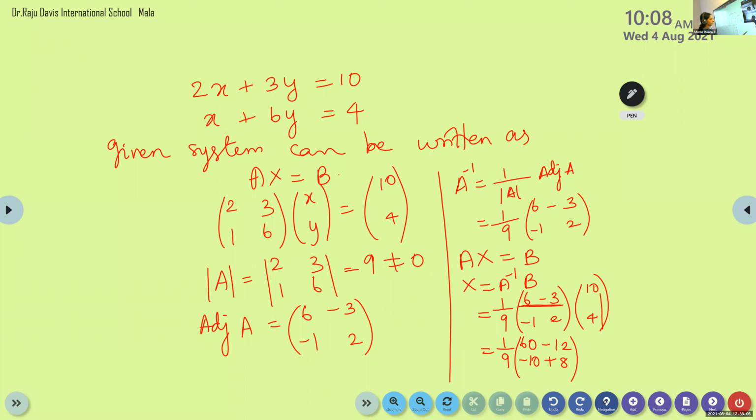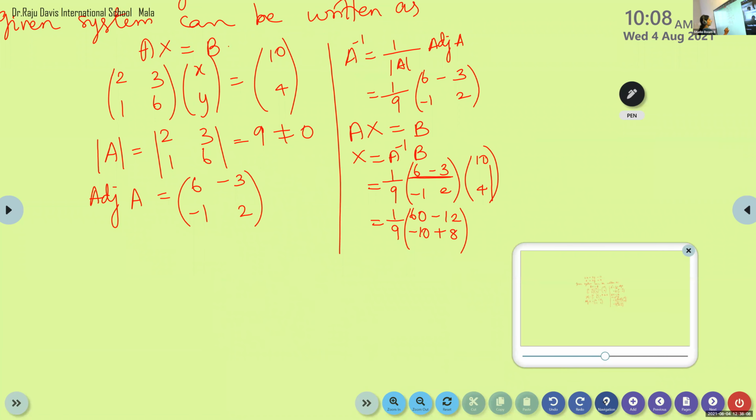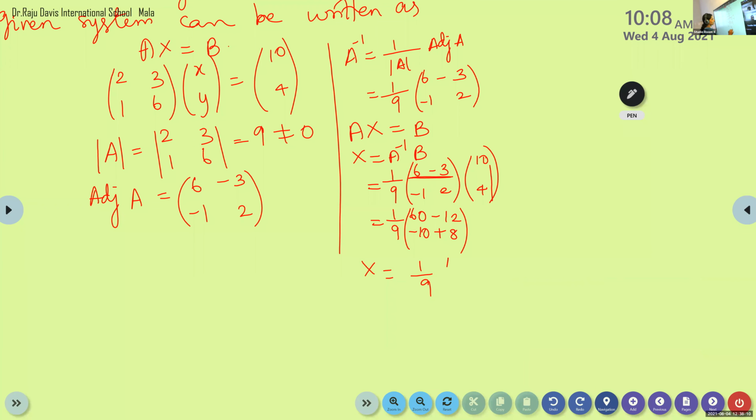Therefore, we get x is equal to 1 by 9 of, what is 60 minus 12? It is 48. Here we will get minus 2. Now you can take this 1 by 9 inside. So we get 48 by 9 and minus 2 by 9.